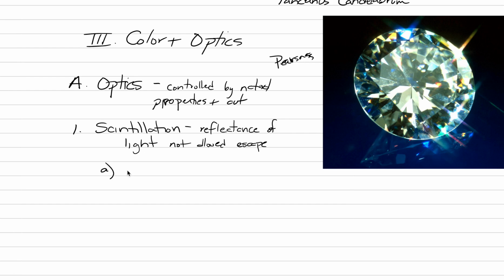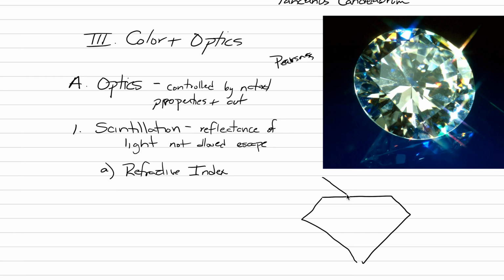Now, underneath scintillation, we need to talk about the refractive index of diamond and critical angle. We've learned about what these are in the past. But refractive index is how light is bent when it enters the diamond, right? So if here is our faceted diamond, and light is entering the diamond, it's going to bend. The angle of incidence is not the angle of entrance into the diamond.